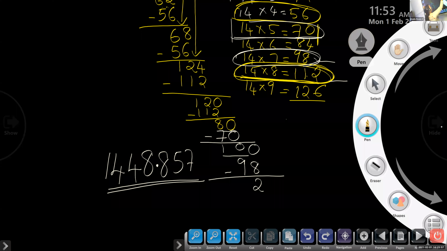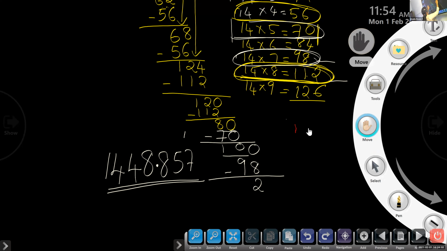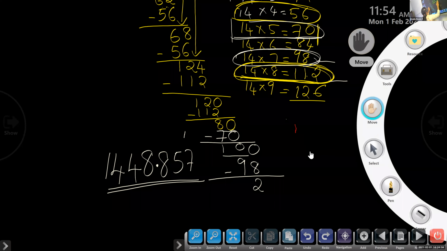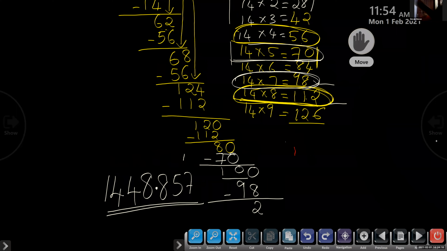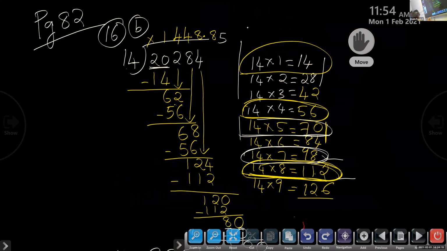You can check this again. So children, we finished the division, the remainder is still there. But we are not going to continue 0, 0 because there is no end for this. So we will stop with this 3 decimal places.